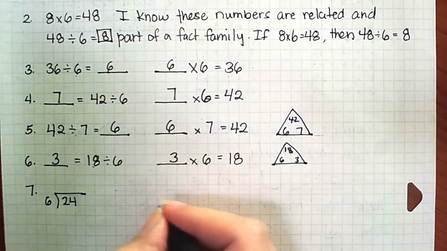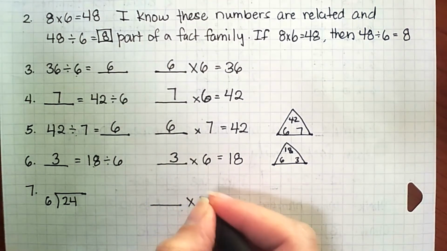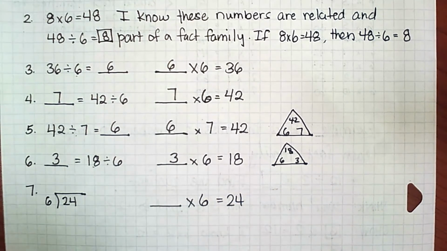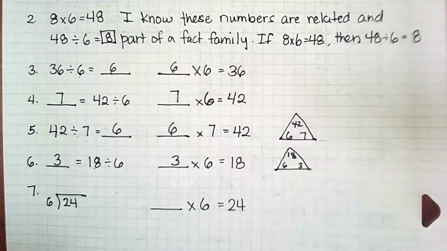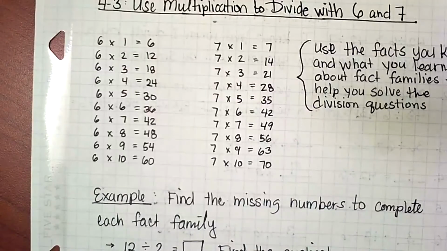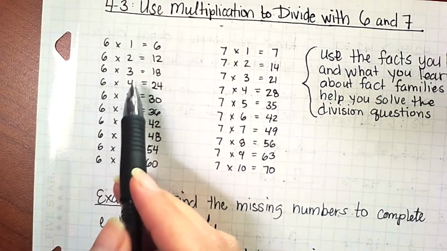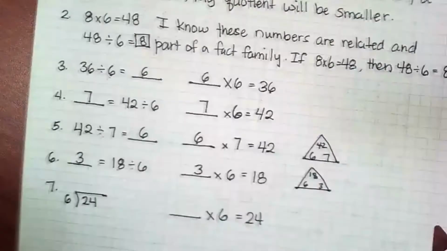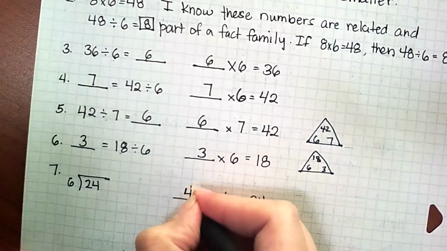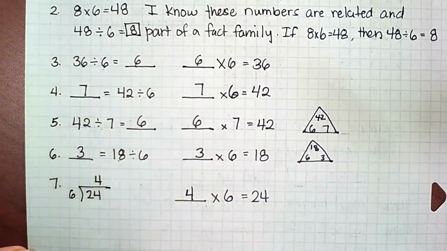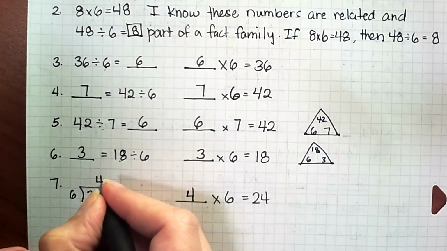So I need to figure out what times 6 is equal to 24 to find my related multiplication fact. So I can flip back over here and I can see which one is equal to 24. I can see that 6 times 4 is equal to 24. So over here, that means 4 times 6 is equal to 24. And I write my 4 up here as part of my quotient.